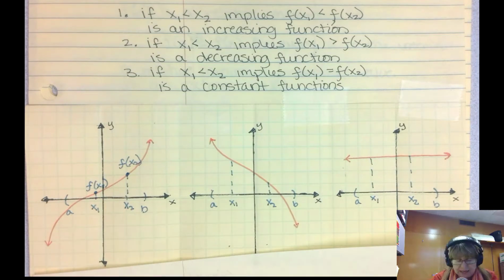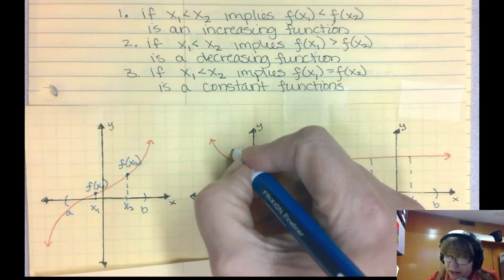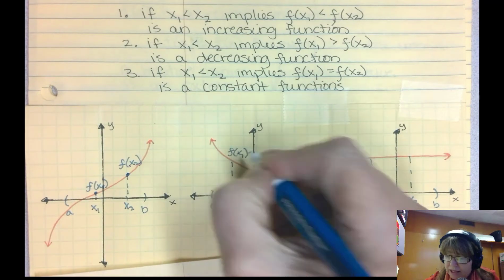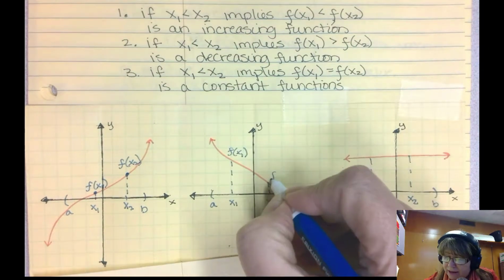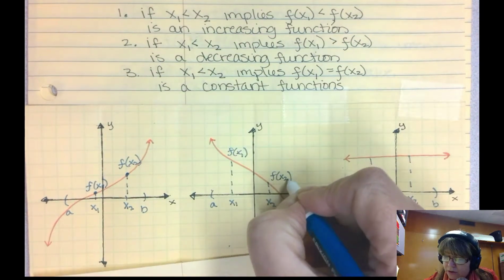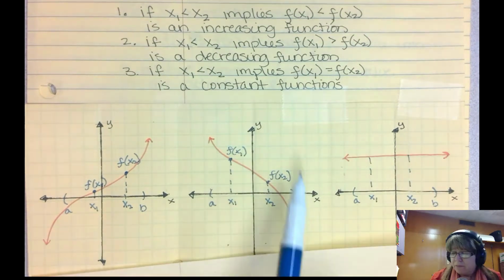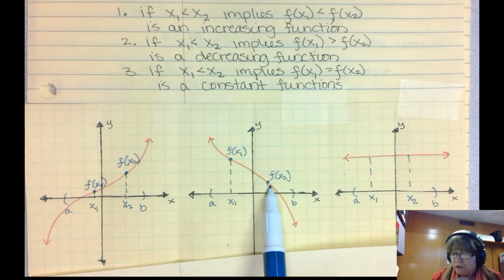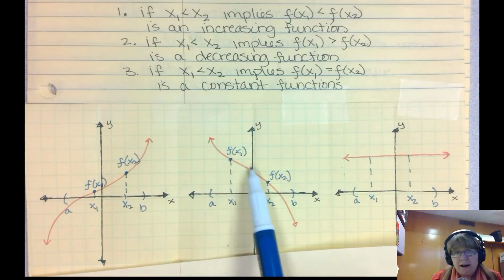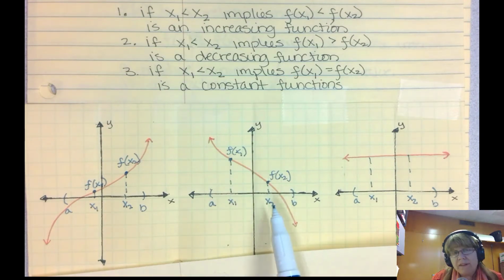Now let's take that x1 and x2 again, and this time let's do f of x1 right here and f of x2 here. You can see that we went from f of x1 down to f of x2 on the y-axis. That means it's decreasing. So as x gets larger, our f value, our y value, is decreasing.